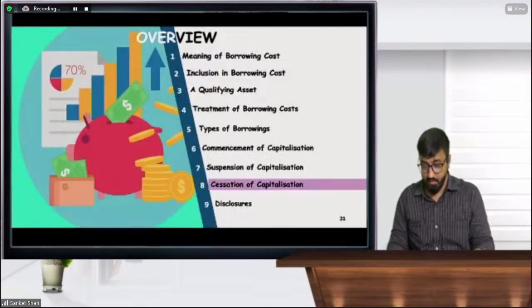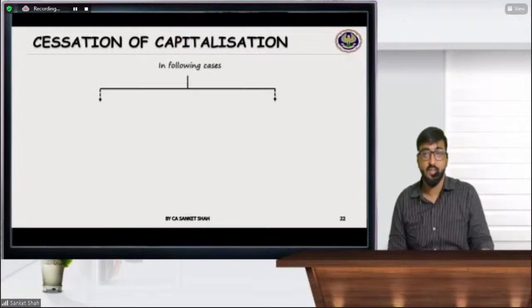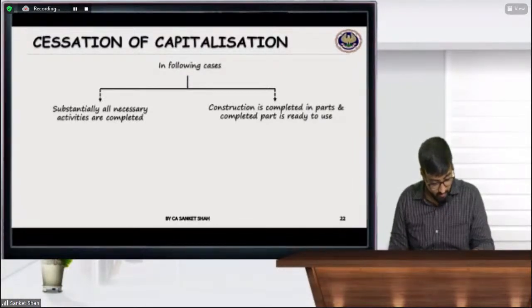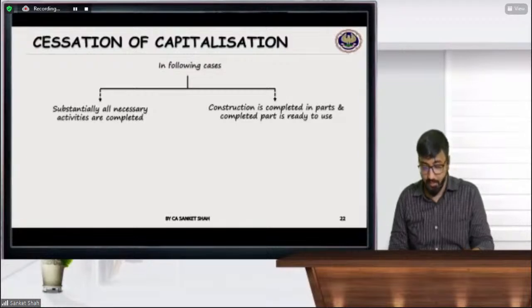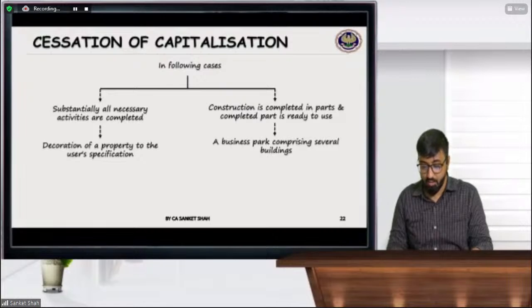Okay. Cessation. Now we are at the end of this chapter. Cessation means when your asset is ready to use and all activities are completed. If all activities are completed, beta, it is cessation. Decoration of a property to the user specification, and a business park comprises several buildings.